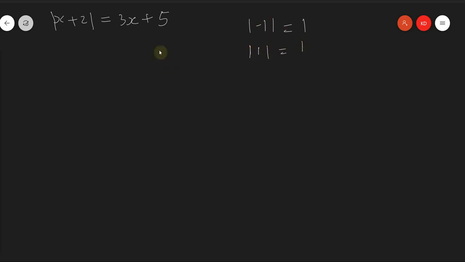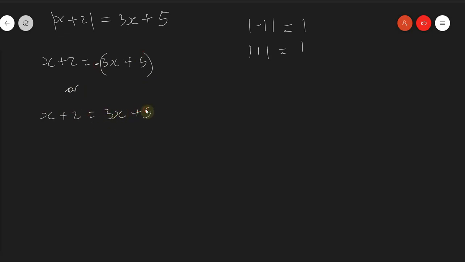So what we can say then is this x plus 2 can either be a negative value, so it can be negative, or the x plus 2 can be positive.